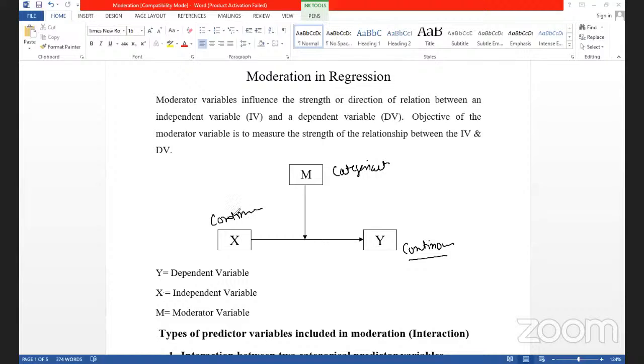And the third condition: all three variables are continuous, meaning the dependent variable is continuous, this is also continuous, and this is also continuous. So there are three types of situations.